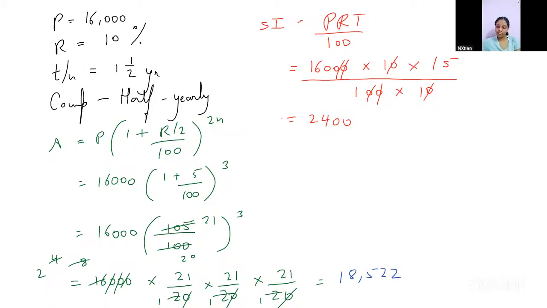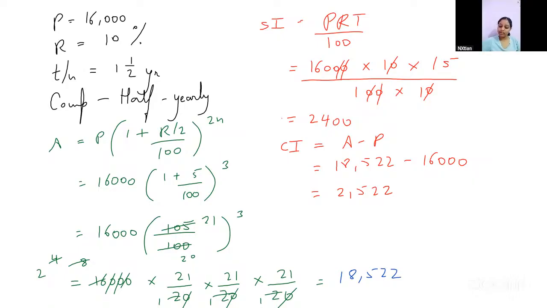18,522. CI is A minus P. 18,522 minus 16,000. How much? We will get 2,522.